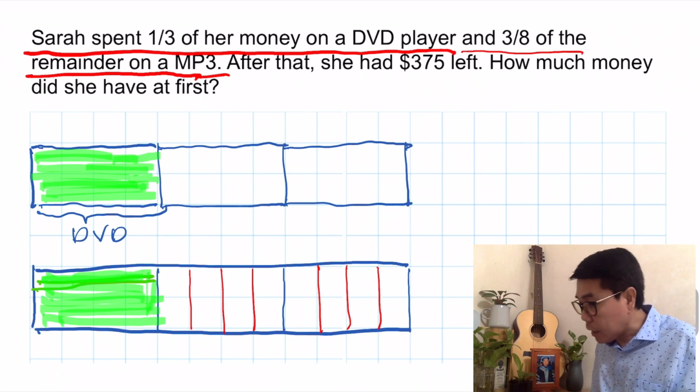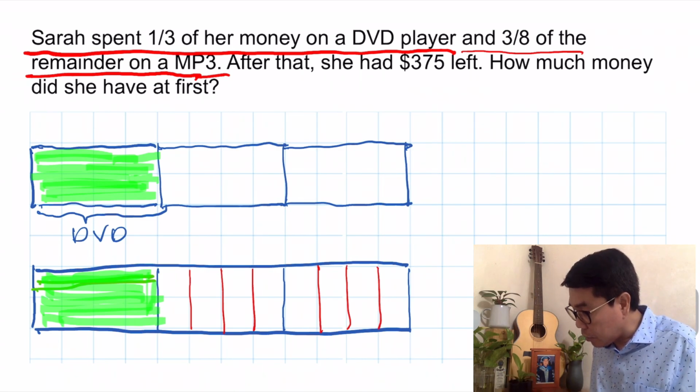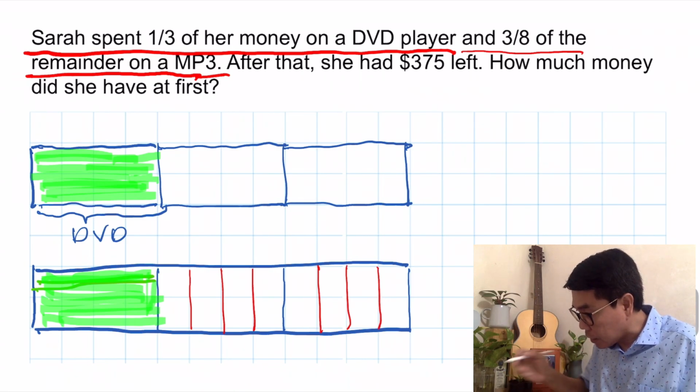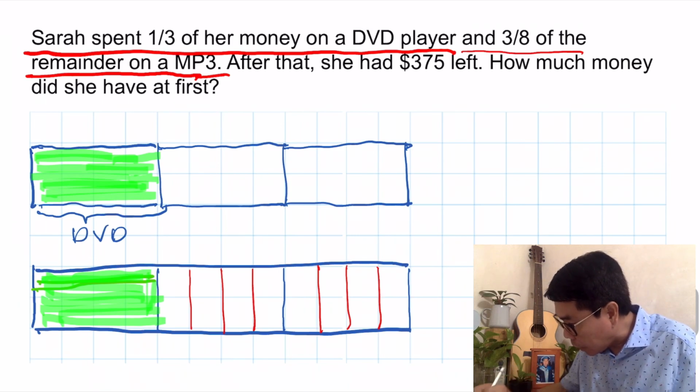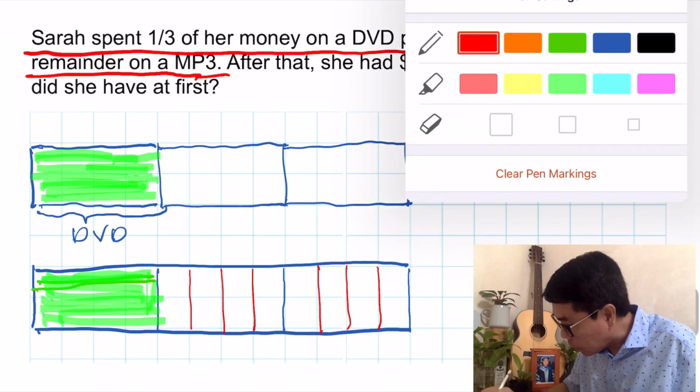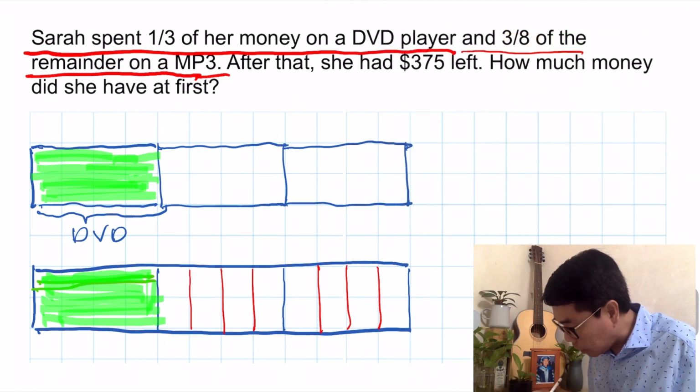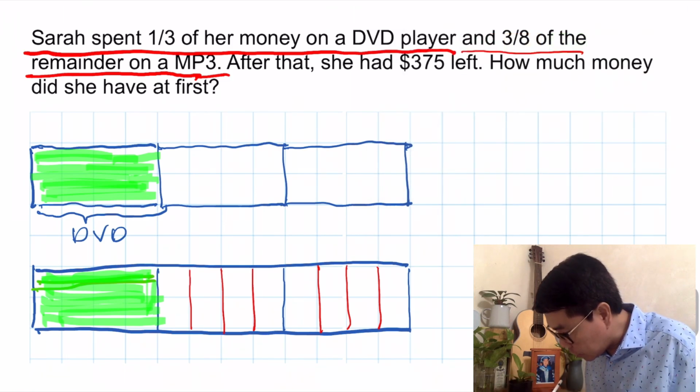So I can see there's 3/8 of it. I'm going to color 3/8 of it. This one is 3 out of 8 equal parts.